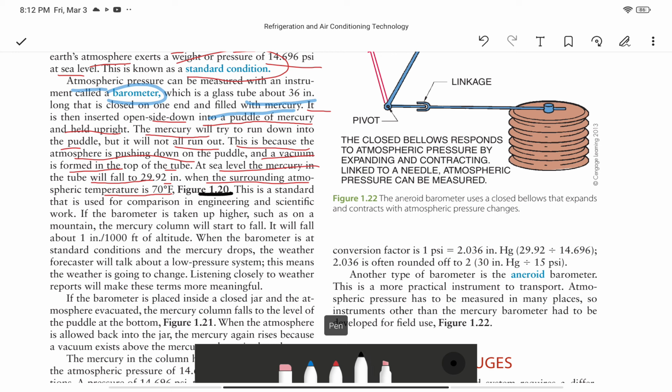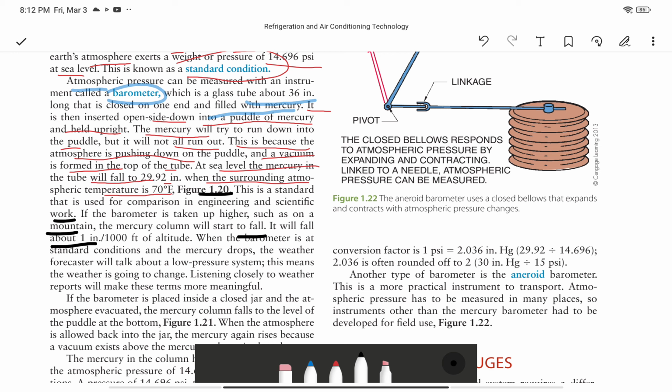In figure 1.20, this is a standard that is used for comparison in engineering and scientific work. If the barometer is taken up higher, such as a mountain, the mercury column will start to fall. It will fall about 1 inch per 1,000 feet of altitude.